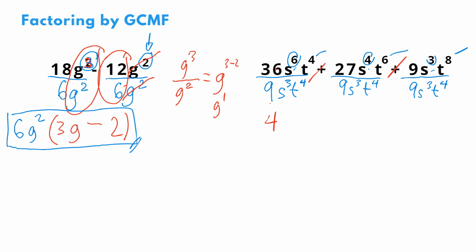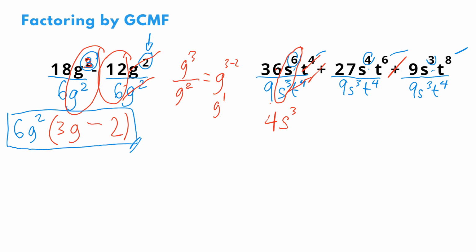Now we have s raised to 6 divided by s raised to 3. Again, quotient rule. So simply, s raised to 6 minus 3. What's 6 minus 3? That will give us 3. Next, t raised to 4 over t raised to 4. Just the same thing. Cancelled.